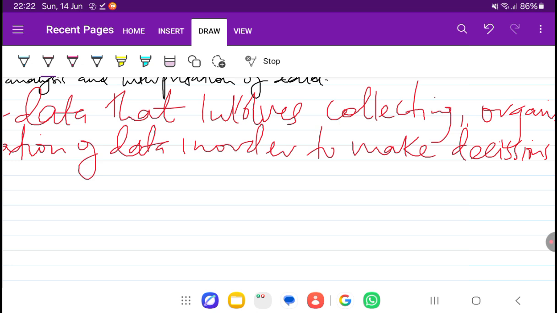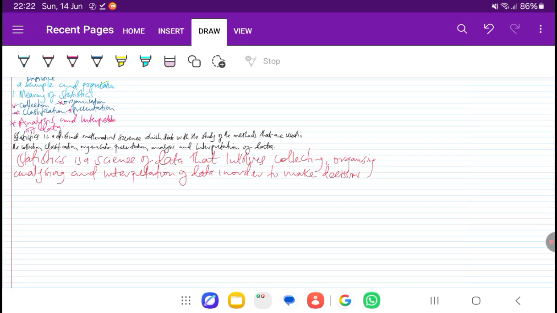So you can use any of these definitions. You can say statistics is a science of data that involves collecting, organizing, analyzing, interpreting data in order to make decisions.